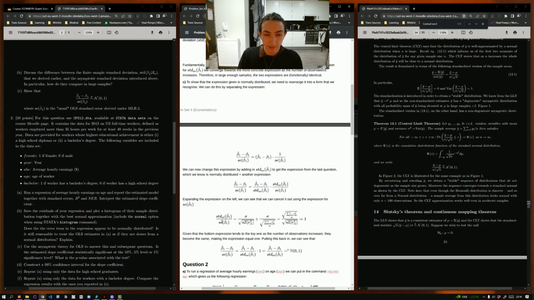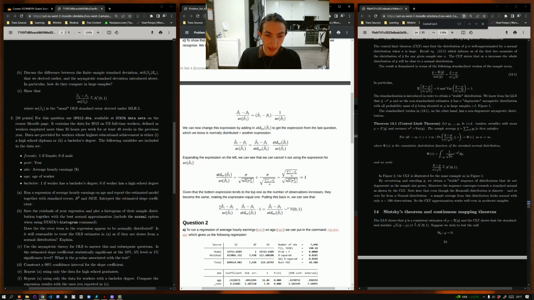So using the value of this one and plugging in what we have been given as the formula for the standard deviation and the general formula for the standard error, we can plug these in. The sigmas cancel out, these go on top of each other, and because they both tend to the same value as the number of observations increases, the top and the bottom are identical, and it comes out as 1. So the expression given is equal to the previous expression times 1, because that's what we found for the last one. So the expression is normally distributed, essentially.